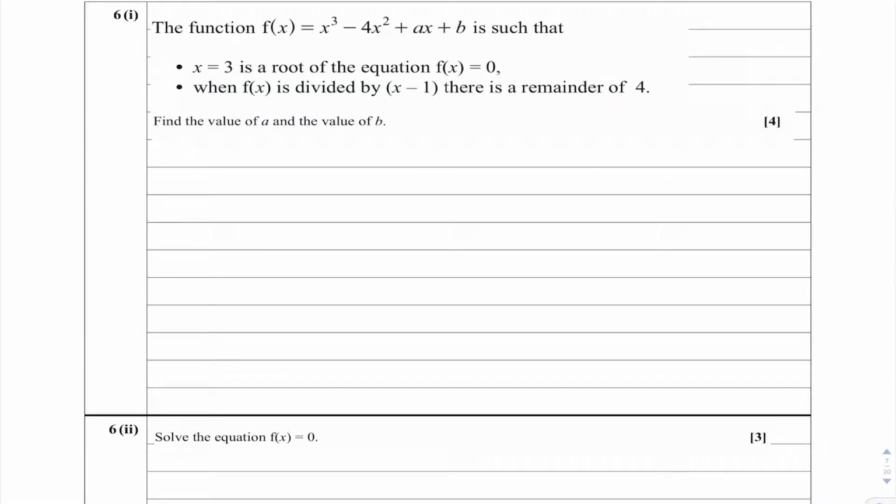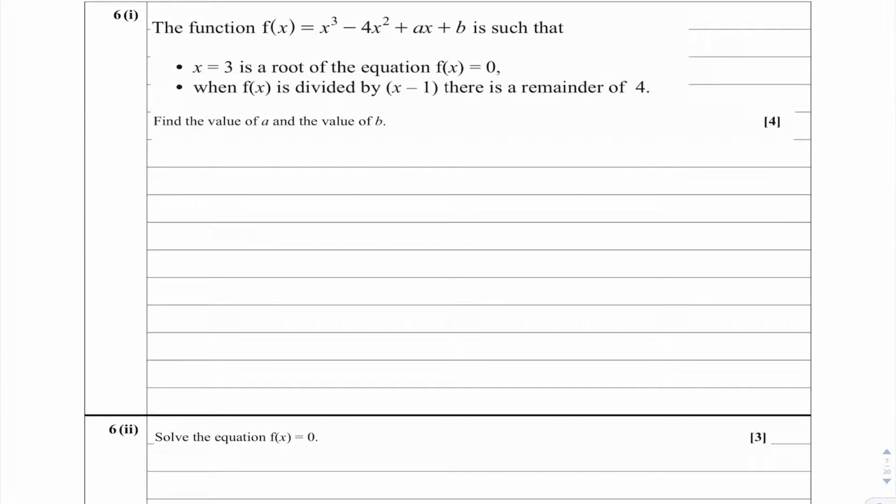Question 6.1. The function f(x) equals x cubed minus 4x squared plus ax plus b is such that x equals 3 is a root of the equation f(x) equal to 0. When f(x) is divided by x minus 1, there is a remainder of 4. Find the value of a and the value of b. So what we need to do is to find the factor root first.